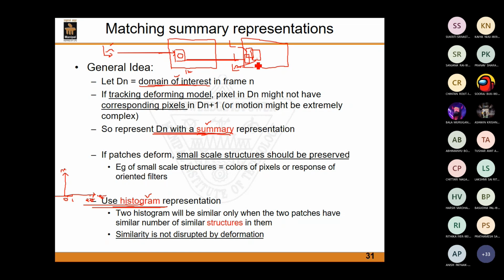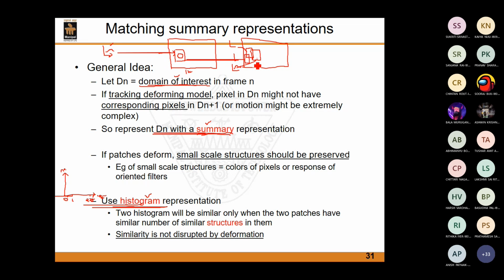Like that, consecutively, in all the successive frames, we adopt the same method, wherein we take the region of interest, calculate the histogram, which acts as a summary representation, and then in the successive frames, we look for neighboring regions of the same size, calculate the histogram, and try to match them. So this is the basic working principle of tracking by matching the summary representations.